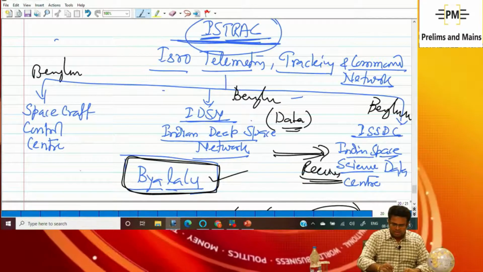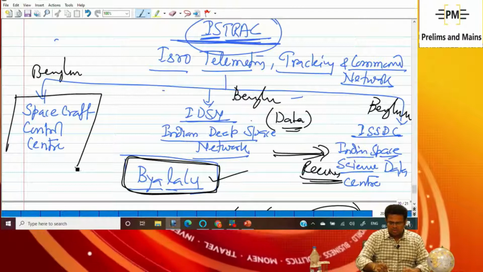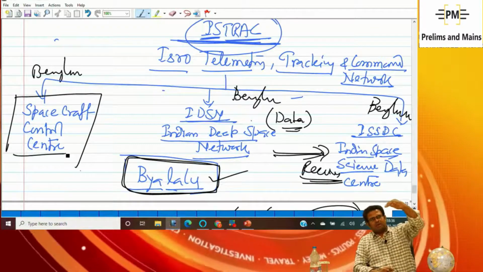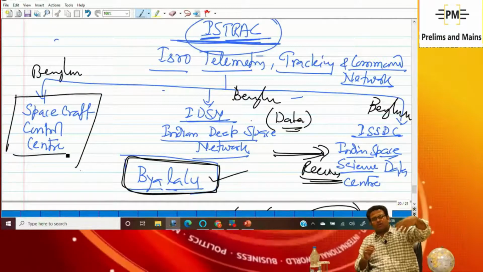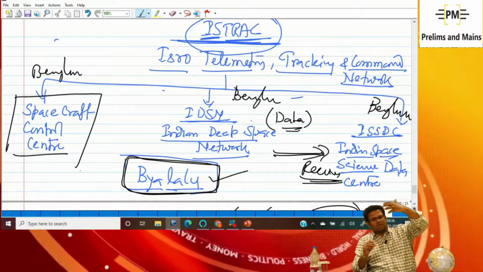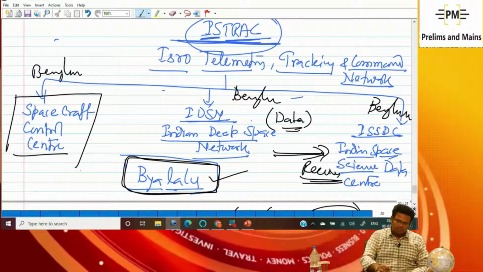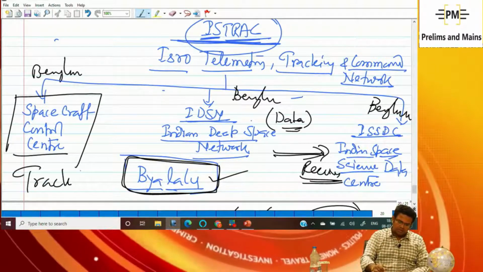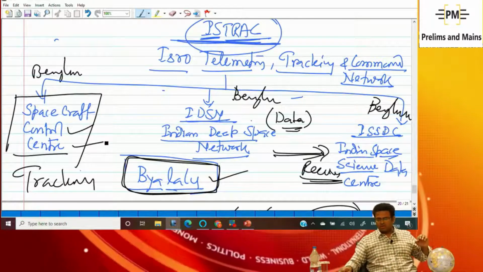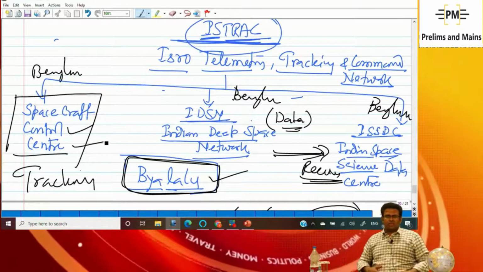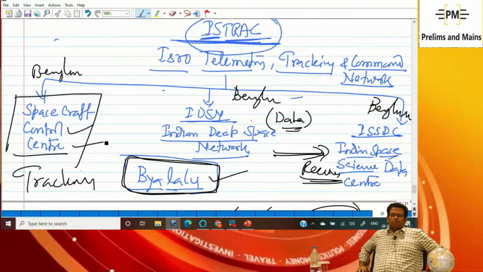So it will receive the data from the IDSN and send it to the required region. And the spacecraft control center will keep on tracking Chandrayaan 1, Chandrayaan 2 and Mangalyaan, whichever they are. You know that control center, the spacecraft control center. There are three organizations under ISTRAC, and what is the full form of ISTRAC?